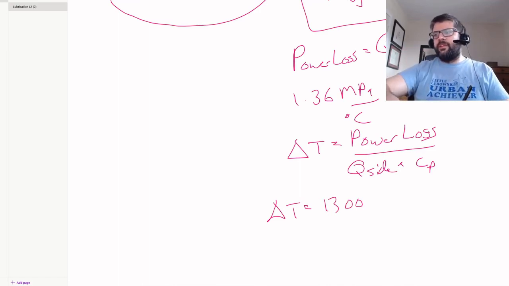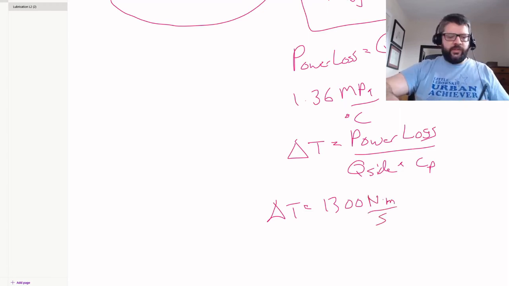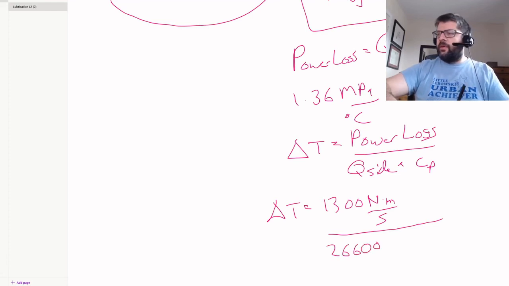I'm going to put that in its more basic terms, newton meters per second, and then divide it by our side flow, 26,600 millimeters cubed per second. We've got per seconds on the top and per seconds on the bottom, so I'm just going to cancel those out. And then the specific heat capacity, 1.36 MPa per degree Celsius.